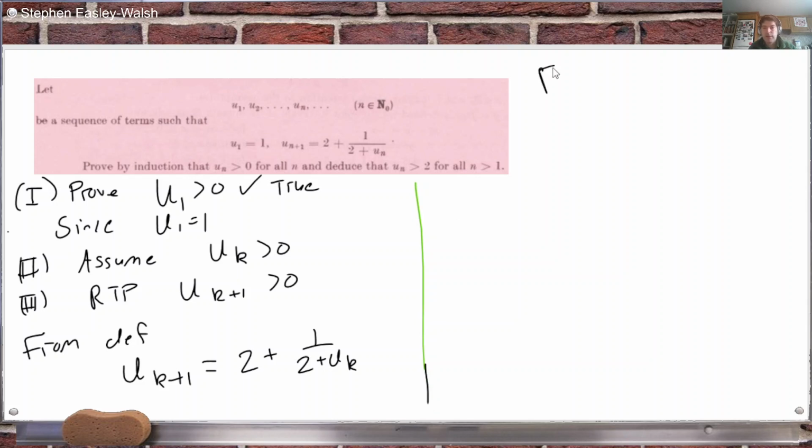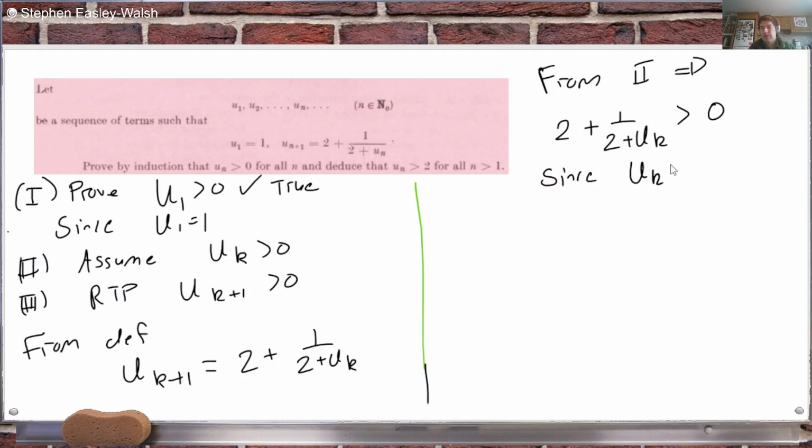And then from 2, this means that 2 plus 1 over 2 plus UK must be positive since UK is positive. So you can see clearly a positive over a positive plus a positive has to be positive. So i.e. UK plus 1 would have to be positive.